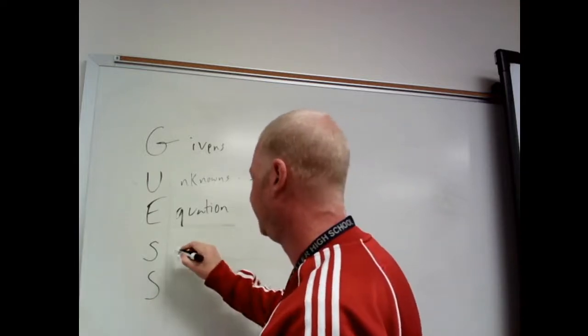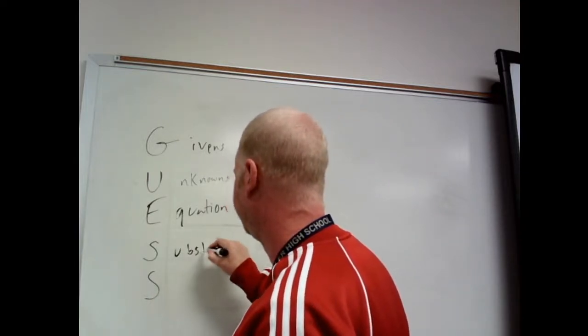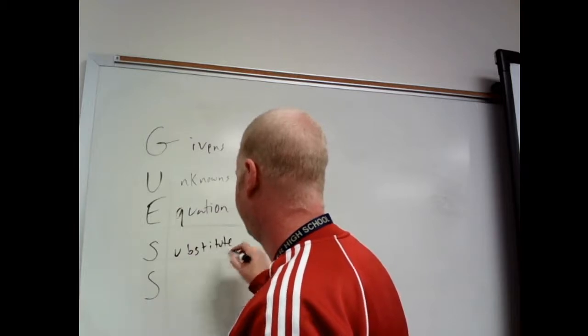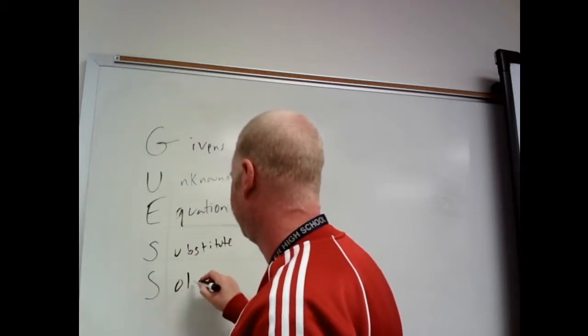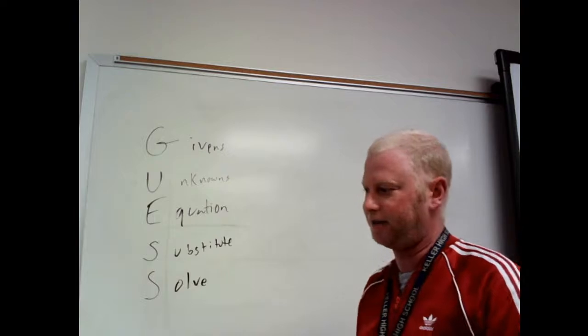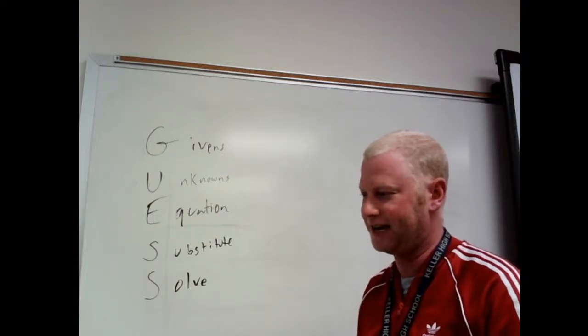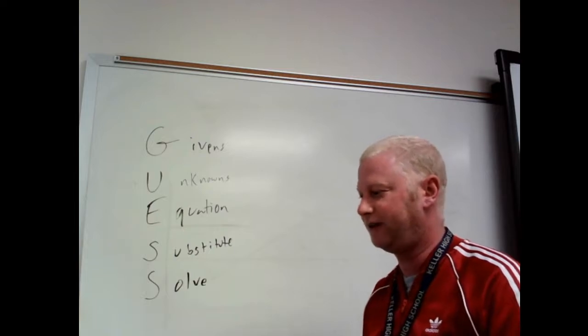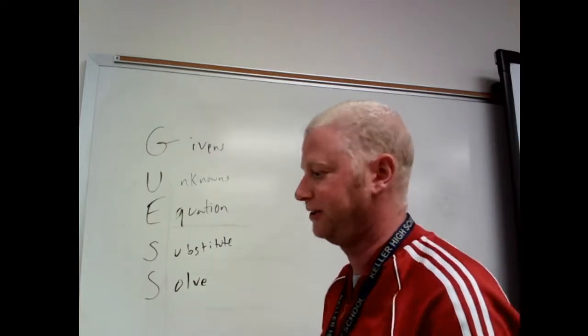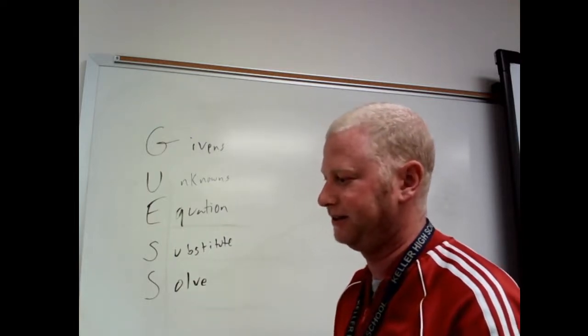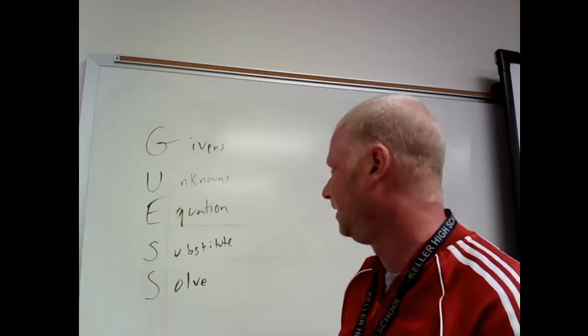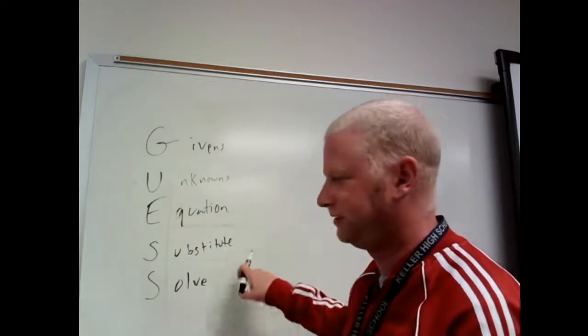Finally, substitute, and then solve. Make sure that your solution has a unit in the answer. If there's no unit of measurement in your answer, you don't have a correct answer, because the unit of measurement is very important. So givens, unknowns, equations, substitute, solve.